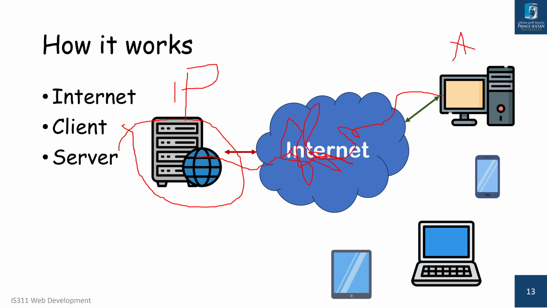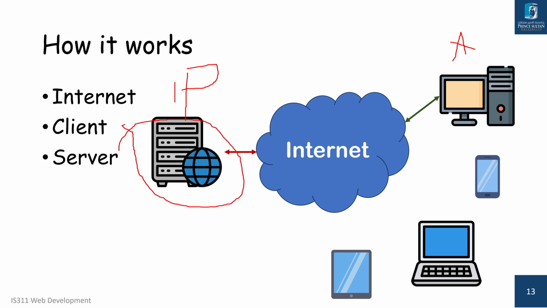The server receives that request, processes it, and sends back the response. And after that, it will disestablish the communication channel between A and B.